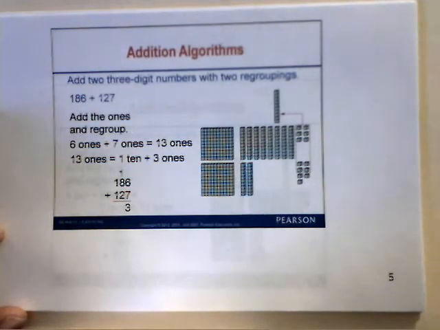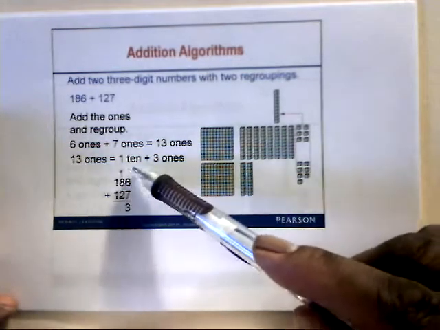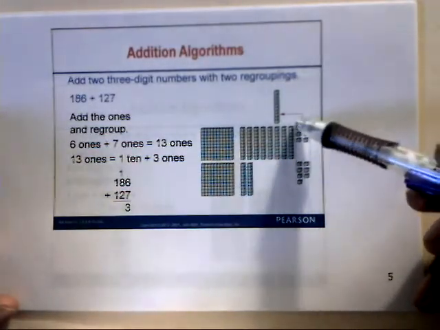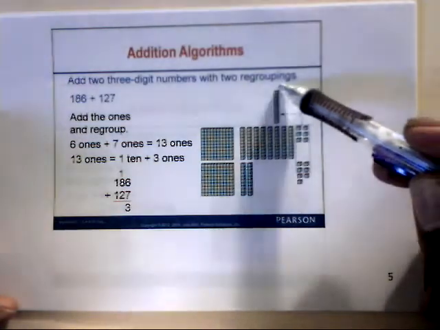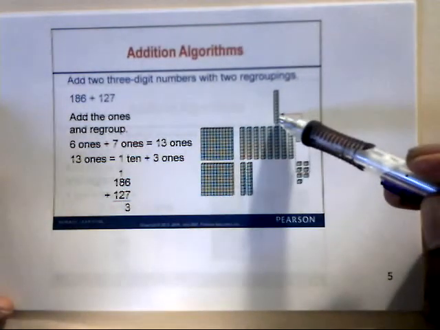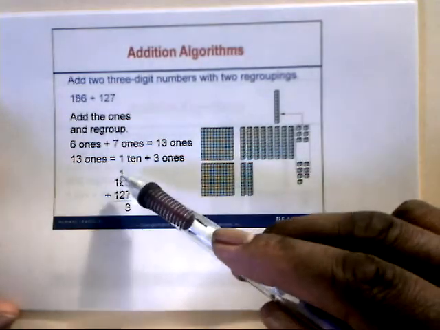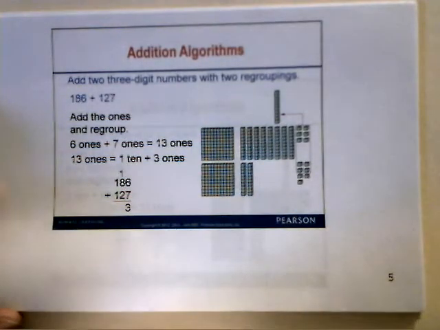Okay, now we've got 6 ones and 7 ones. That's going to be 13 ones. We're going to regroup that as 1 ten and 3 ones, because I can take 10 of those unit cubes and trade that in for one long. Okay, so that's like writing down the 3 and putting the 1 on top.